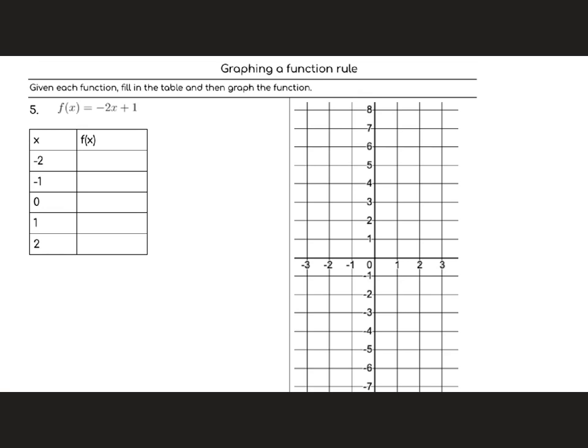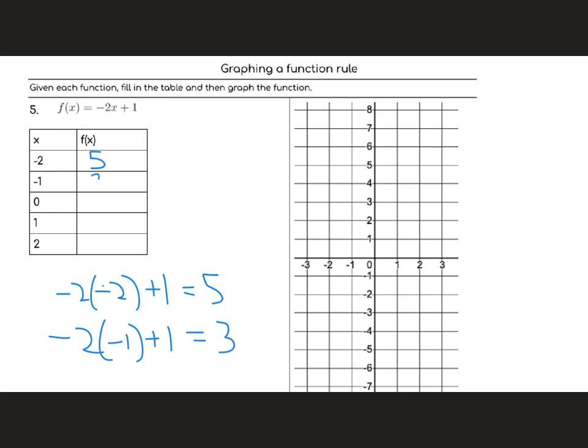This one, given each function, fill in the table. So we have -2 times -2 plus 1. So that's 4 plus 1, which is 5. And then -2 times -1 plus 1, which is 2 plus 1, which is 3. And then we have -2 times 0 plus 1. That's 0 plus 1, which is 1.